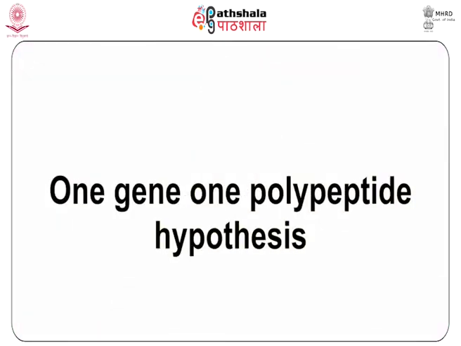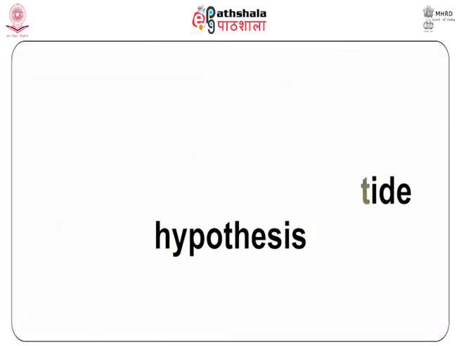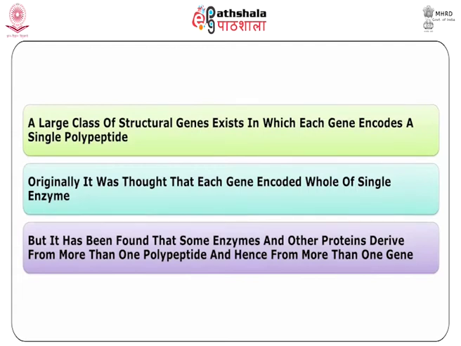One gene, one polypeptide hypothesis. The hypothesis that a large class of structural genes exist in which each gene encodes a single polypeptide, which may function either independently or as a subunit of a more complex protein.